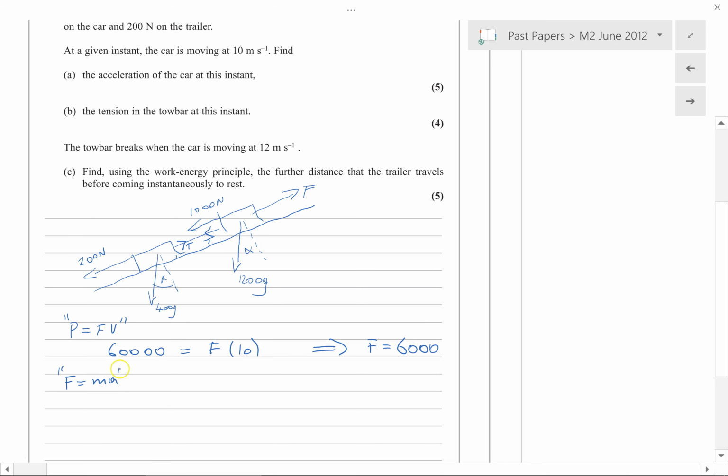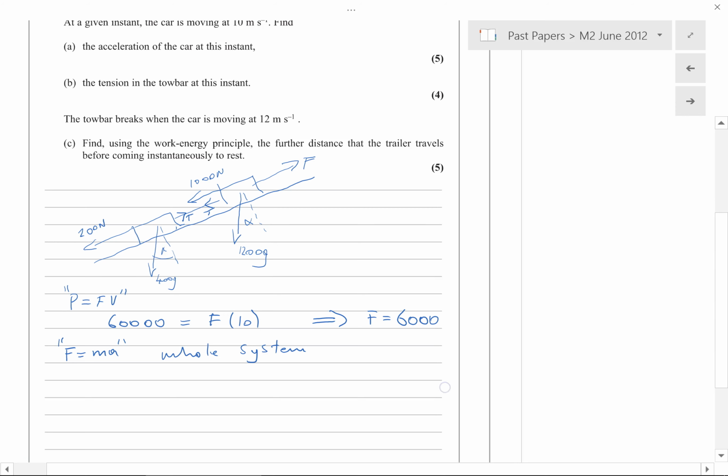I'm going to do the whole system, and then I'll apply it probably to the trailer for part B. Okay, so F equals ma for the whole system. That eliminates the T basically, so we're looking at the whole thing together. T cancels out, so we have F driving forward, which is 6,000, away the two weights, which are the components of the two weights.